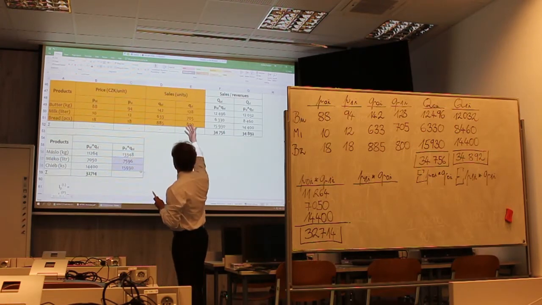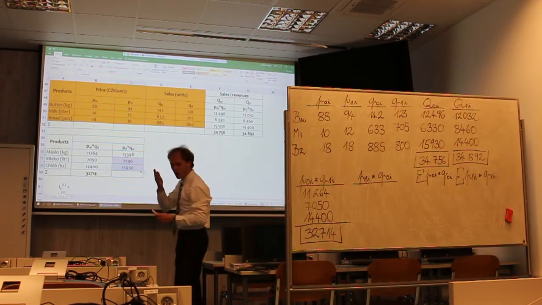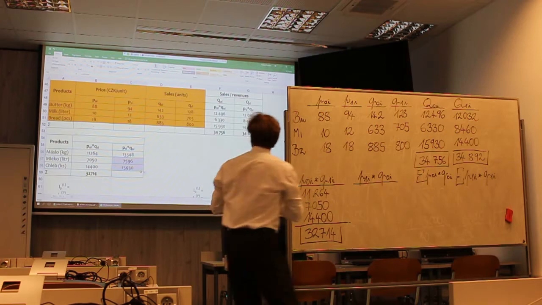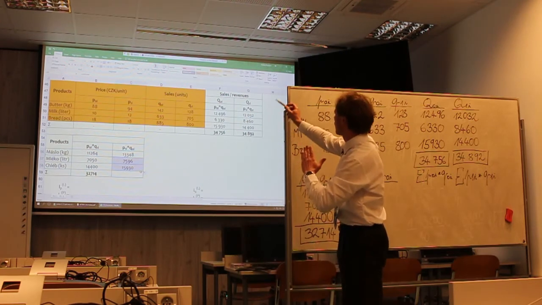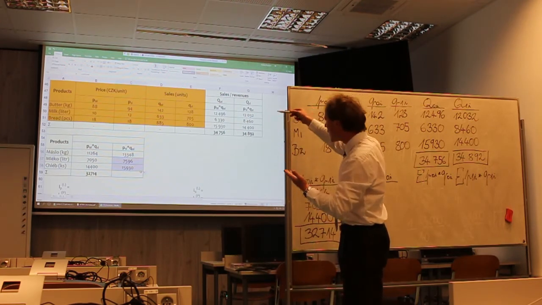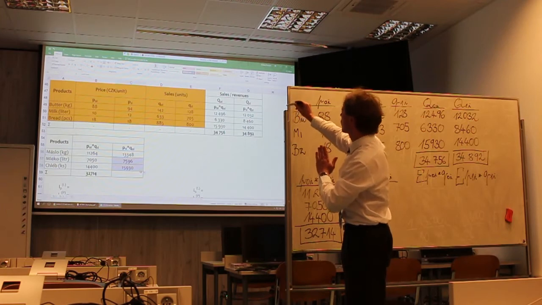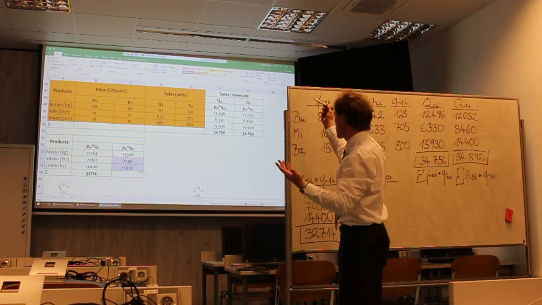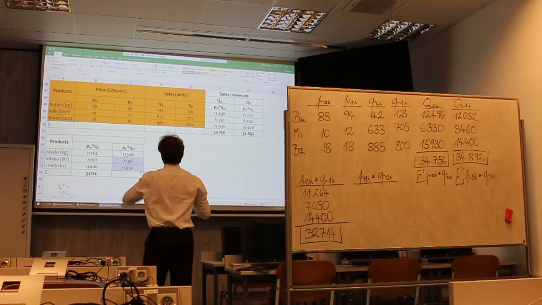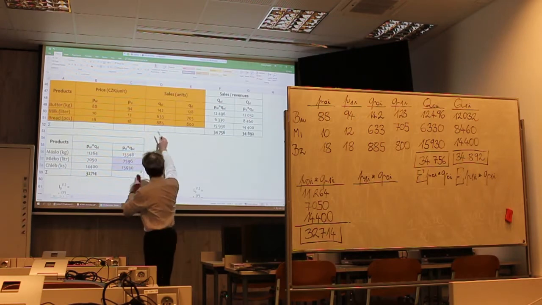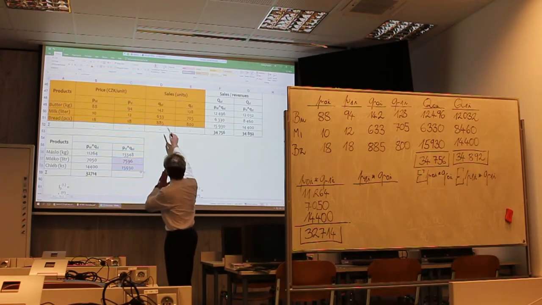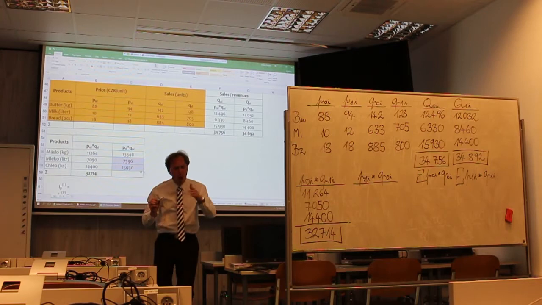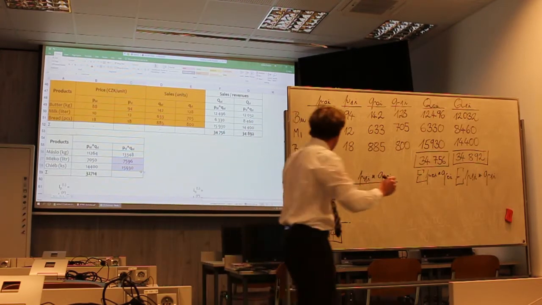So 94 Czech crowns times 142 kilograms of butter, and 12 Czech crowns times 633 liters of milk, and 18 Czech crowns times 885 loaves of bread, pieces of bread.